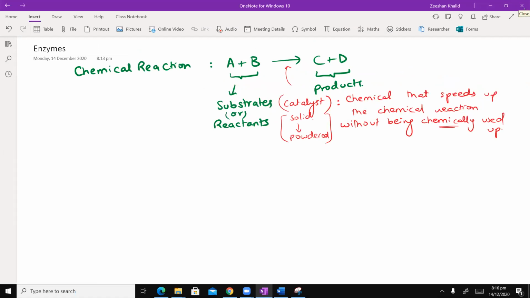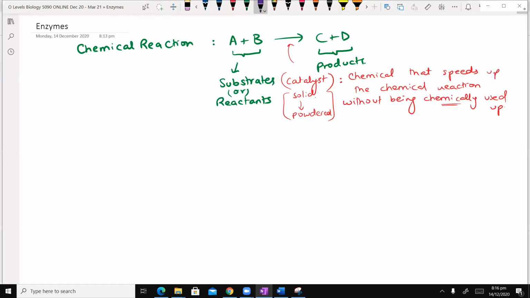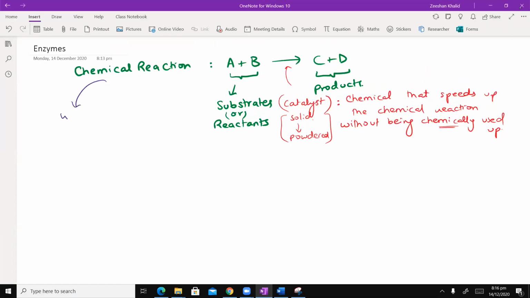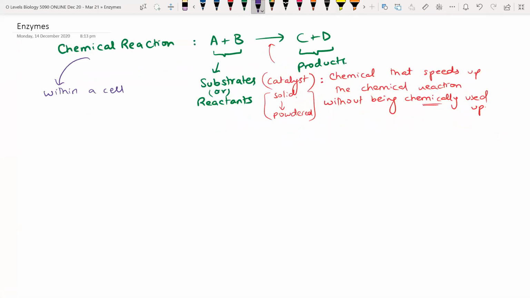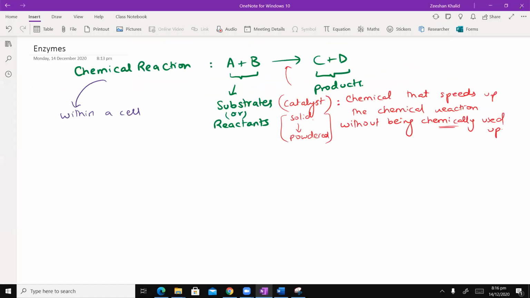Now, when this chemical reaction is happening within a cell, you know that you don't call this thing a chemical reaction. You call this thing as, come on, who will tell me? When a chemical reaction is happening inside the cell, we call that chemical reaction a metabolic reaction. Okay.